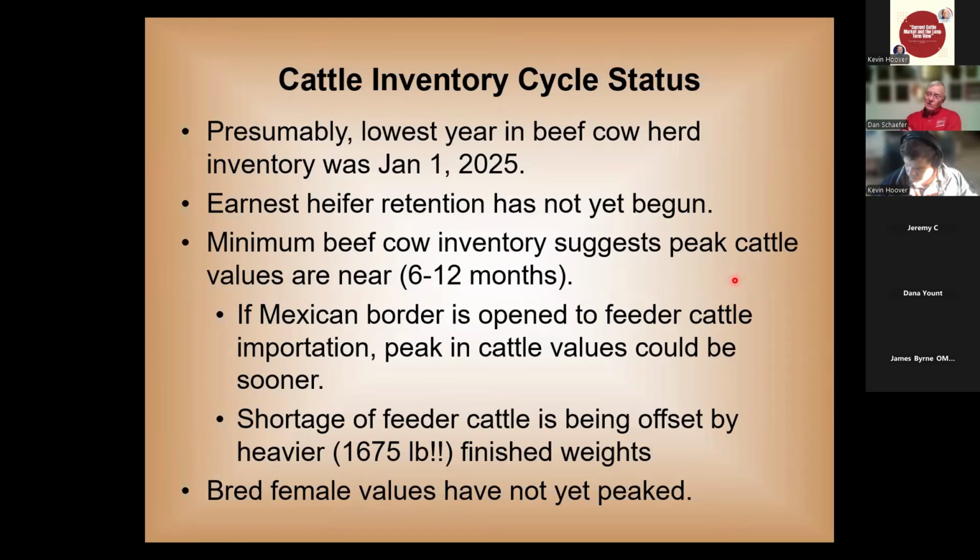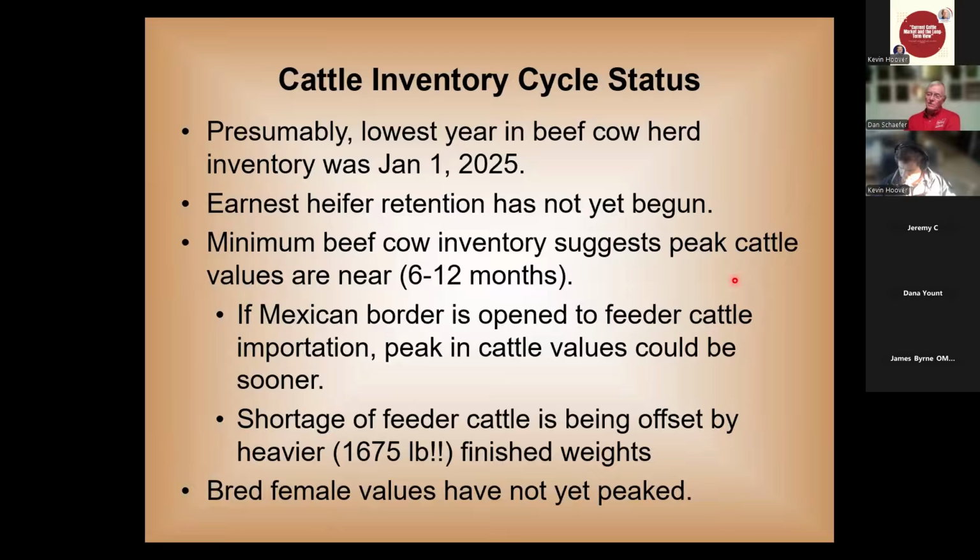So the status of the current cattle cycle is that our cow herd inventory is presumably going to show its lowest inventory value as of January 1 of this year, 2025. We will see, though, when USDA publishes its information for January 1, 2026, whether that is actually the case.